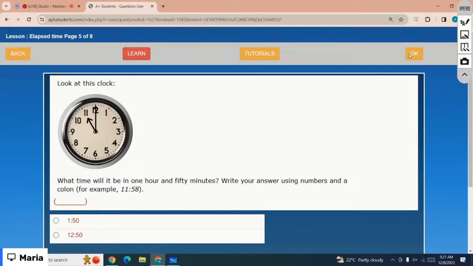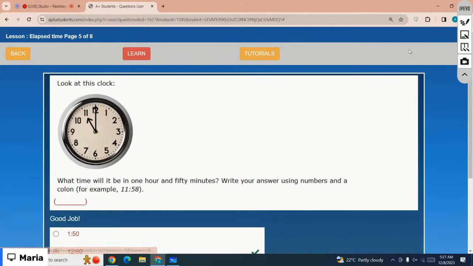The correct option is, yes, that is 12:50. After 1 hour and 50 minutes, it would be 12:50. Option number 2 is the correct option.